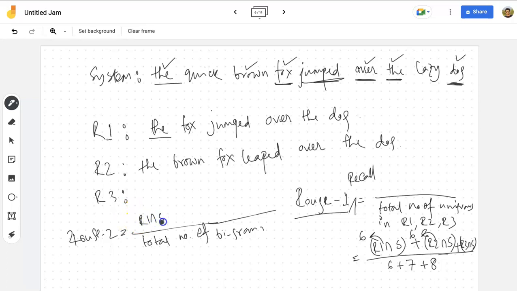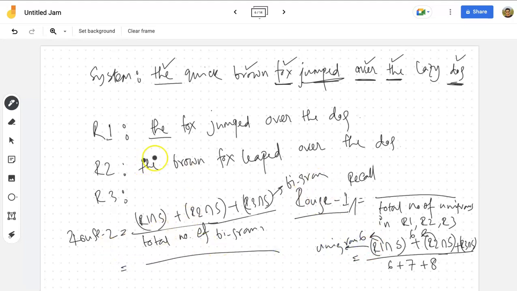So R1s plus R2s plus R3s, but it is about the intersection of the bigrams. Here it is the unigram intersection, here the bigram intersection. So what will the denominator be?